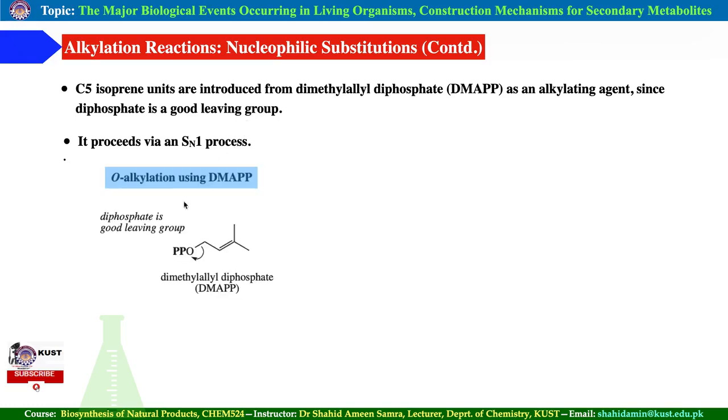So if we talk about the O-alkylation using DMAP, this is the structure of DMAP. Here we have the diphosphate group. This bond between oxygen and carbon gets broken because this diphosphate group is a good leaving group. When it leaves, this carbon attains a positive charge. Now this species, not molecule, this is an ion.